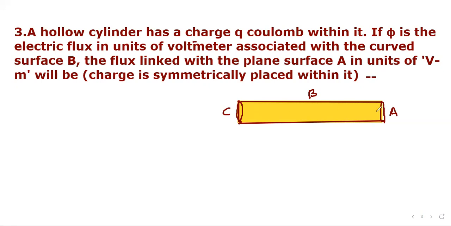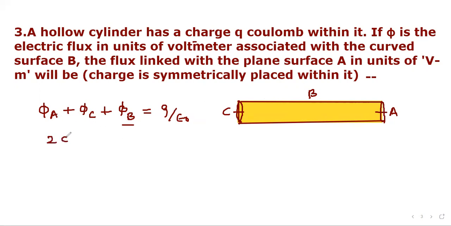So here, flux through this surface is suppose phi A, and flux through this surface will be phi C, but phi A equal to phi C. So I'm writing it as first phi C, then I will change it as per our need, and plus phi B must be equal to Q upon epsilon naught. But we are given phi is the flux associated with the curved surface. So phi B is phi, and phi A and phi C are equal.